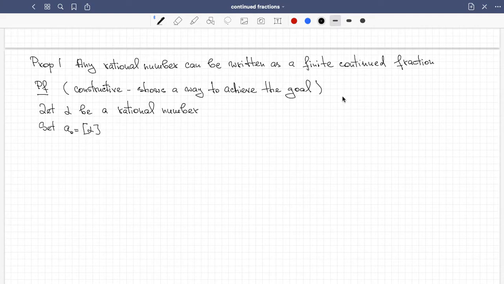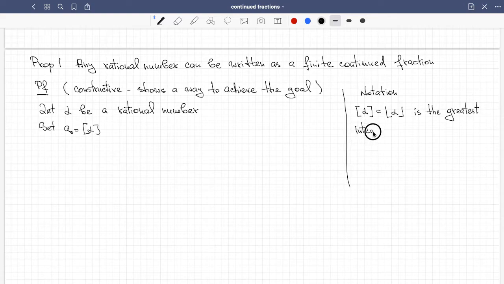Here is a comment about notations. Very common notation, not only in number theory but in mathematics in general, for not necessarily rational, just a real number alpha, this, or frequently they write it this way with not brackets but half brackets, is the greatest integer not exceeding alpha.